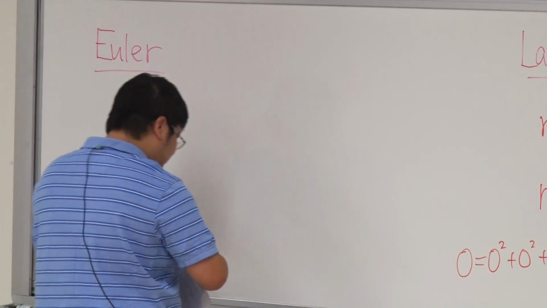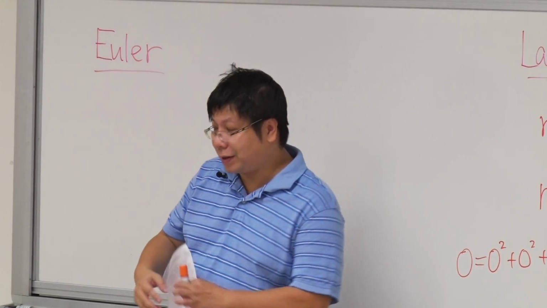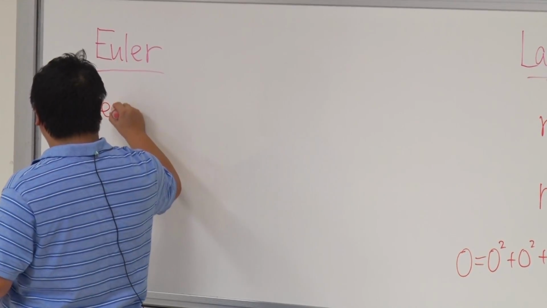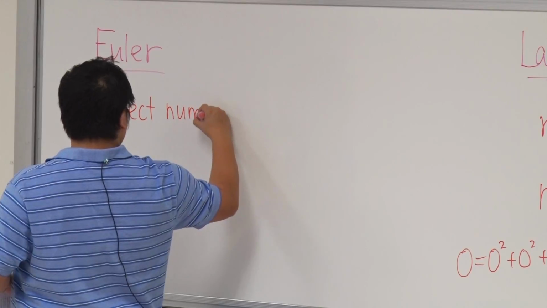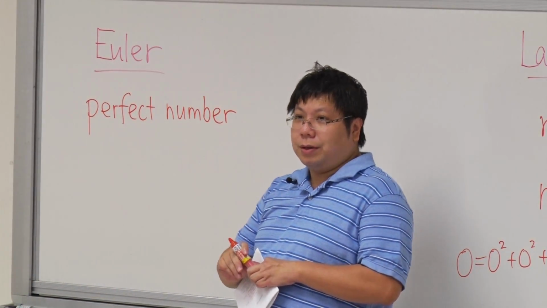So there are some interesting problems. Euler has a problem called perfect number. So Euler defines something called a perfect number.